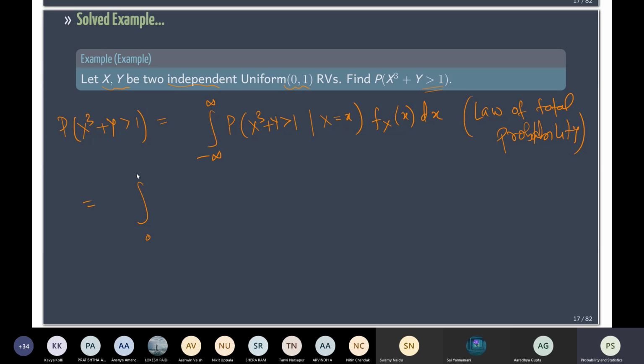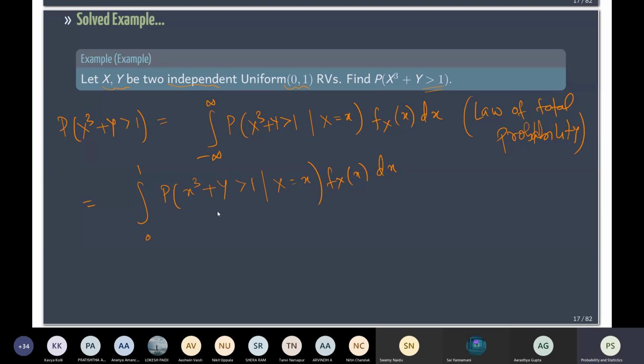So this will go from 0 to 1 now, and this will reduce to the probability that small x cubed plus Y is greater than 1 given X equals x, times f_X(x) dx.